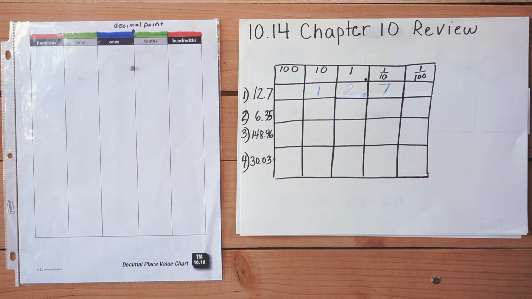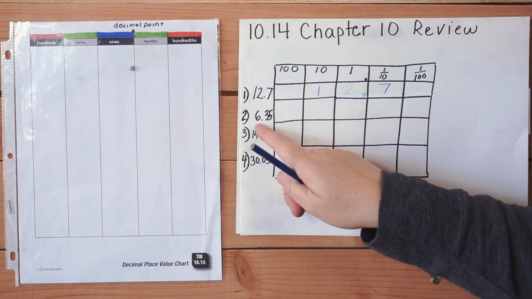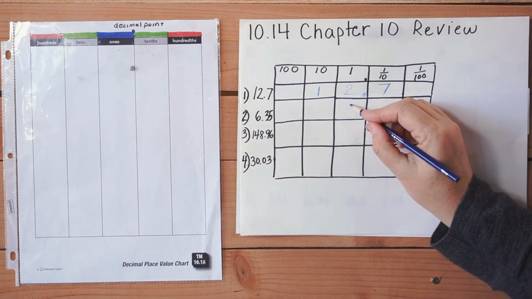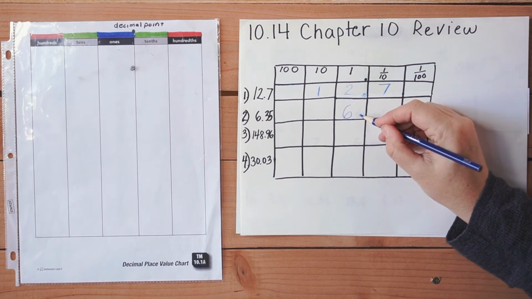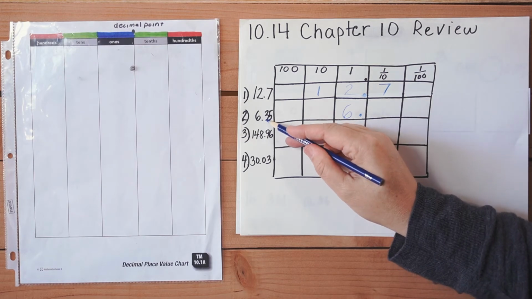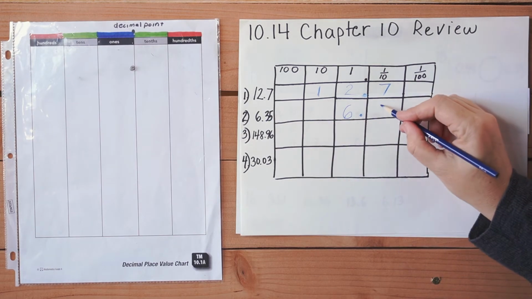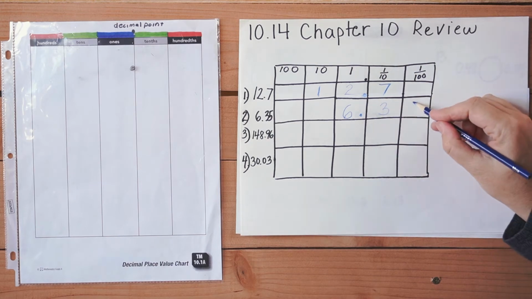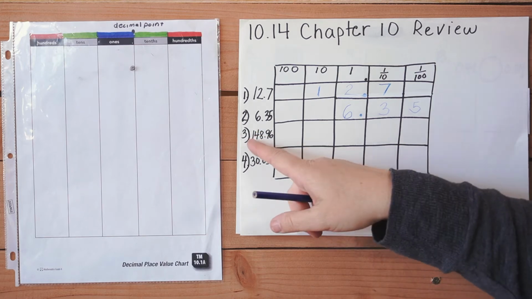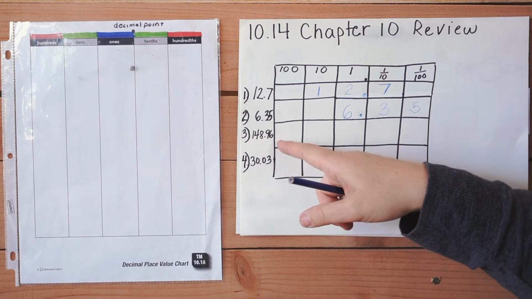So now 12.7, if you put it correctly, this is how it should look. Then we're doing 6.35. Well, we look at the decimal point. We look for our ones place. We look for 6. We add our decimal point. We have 3 tenths and 5 hundredths. 3 tenths and 5 hundredths. 148.96.